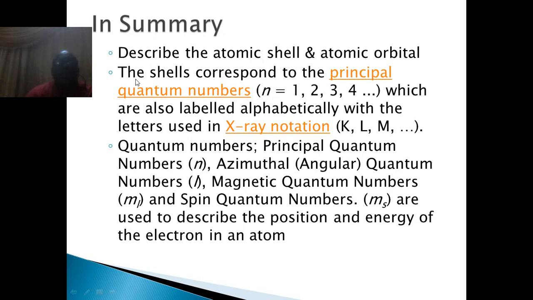The shells correspond to the principal quantum numbers n equals 1, 2, 3, 4, and so on, which are also labeled alphabetically with the letters used in X-ray notation: K, L, M, N, and so on. Quantum numbers, namely the principal quantum number, azimuthal or angular quantum number, magnetic quantum number, and spin quantum number, are used to describe the position and energy of the electron in an atom.